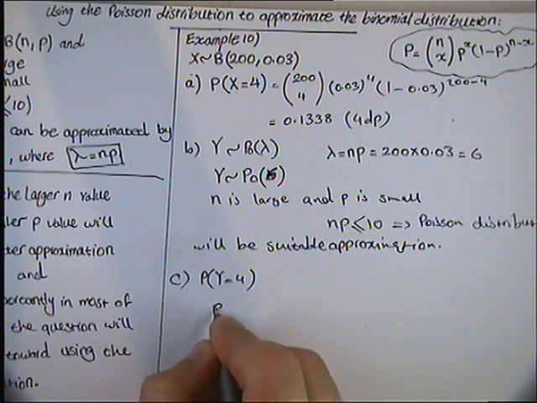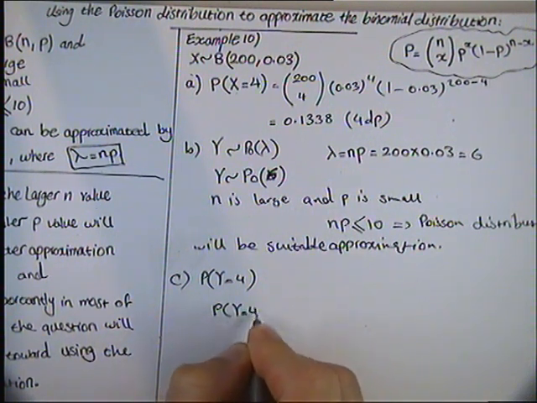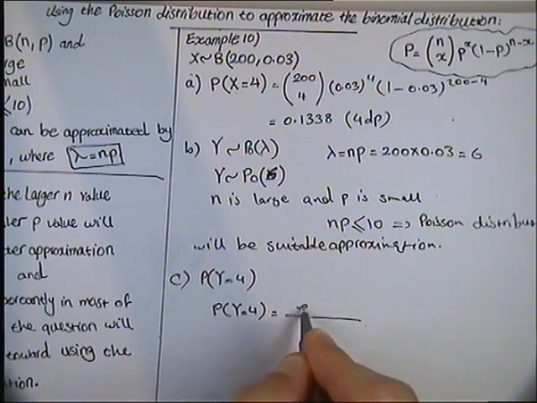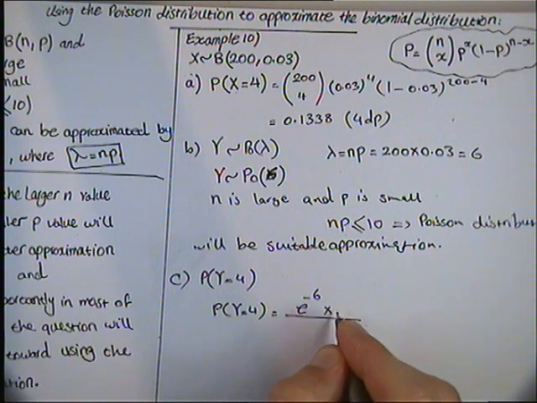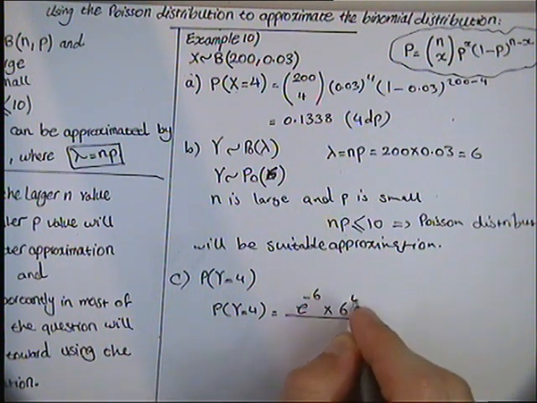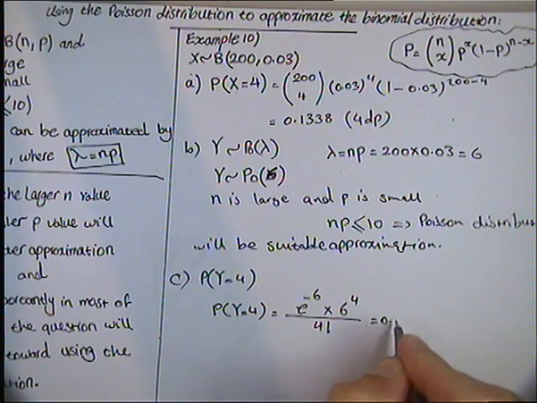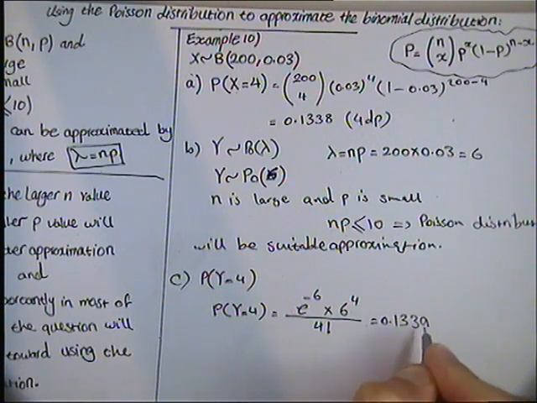The probability of Y equals 4, as it's a Poisson distribution, is e to the power of minus lambda, which is minus 6, times lambda to the power of x, which is 6 to the power of 4, over 4 factorial, which is 0.1339 to 4 decimal places.